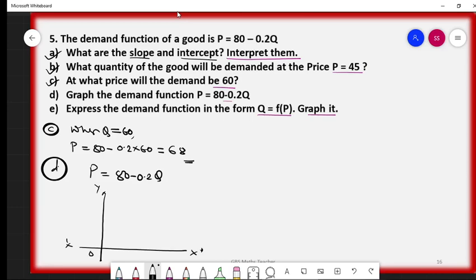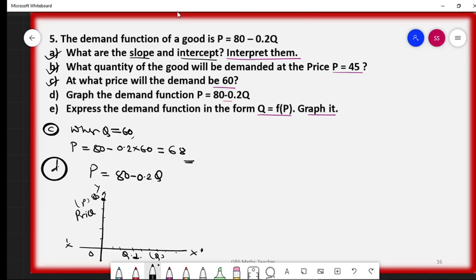So dear students, vertical is price, and this is quantity demanded. You can put the scale over here. Quantity demand Q is on the x-axis, price P is on the y-axis. So if Q is 0, P is 80.